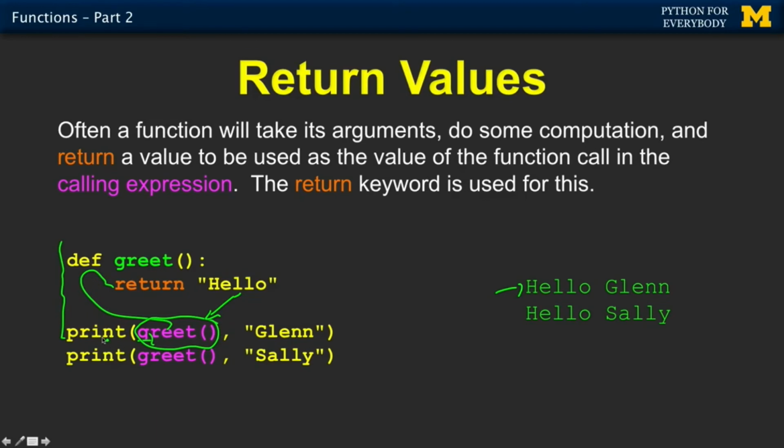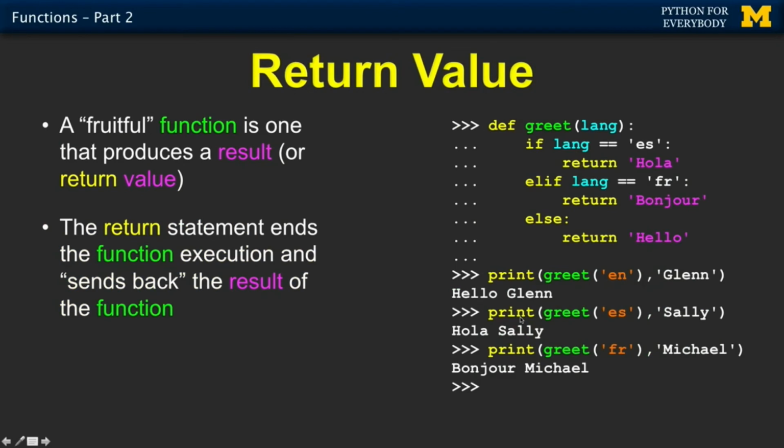And then it goes on to the next line, it runs greet again, comes in here, and so now hello becomes this residual value. Now it's not very clever, but you get the idea. This residual value, it's like hello Sally, so it prints out hello Sally. So here's a little better example of this where we're using both arguments and a return value.